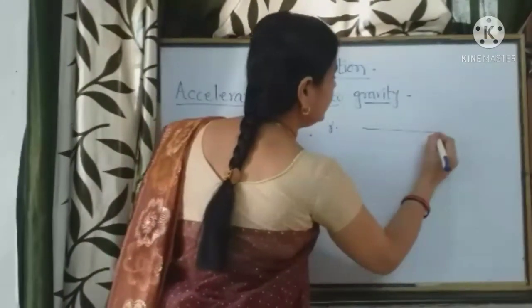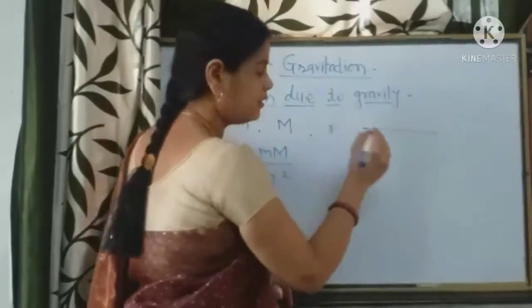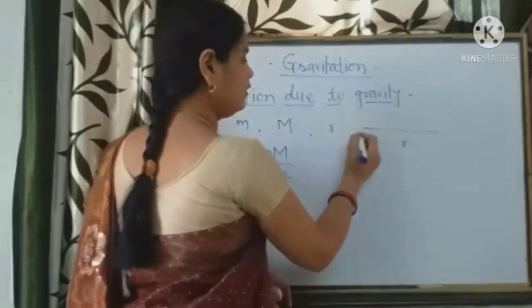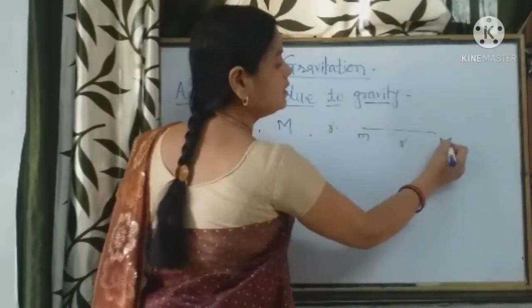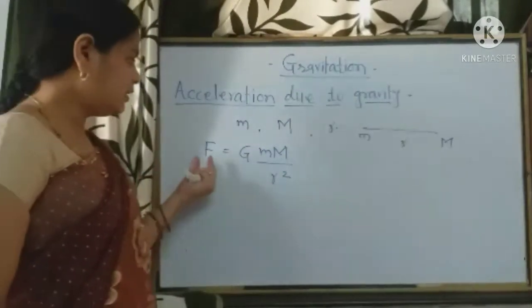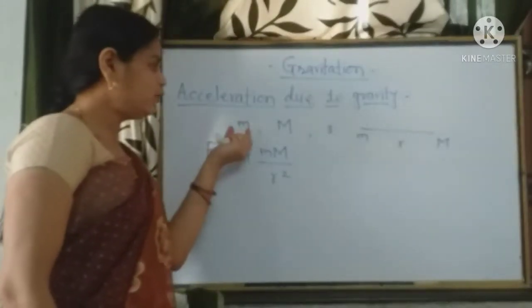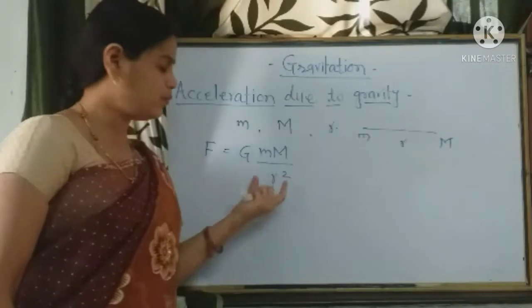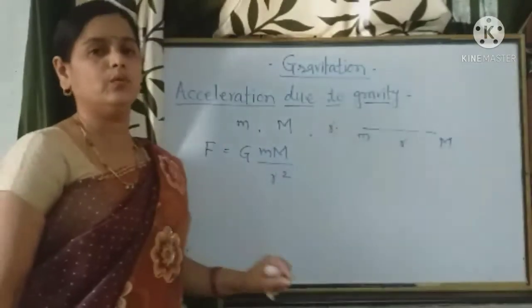This is the line joining the two, center to center distance is r, with which these two bodies are separated. Then the gravitational force exerted by one on the other is G M m upon r square. Up to this we know.